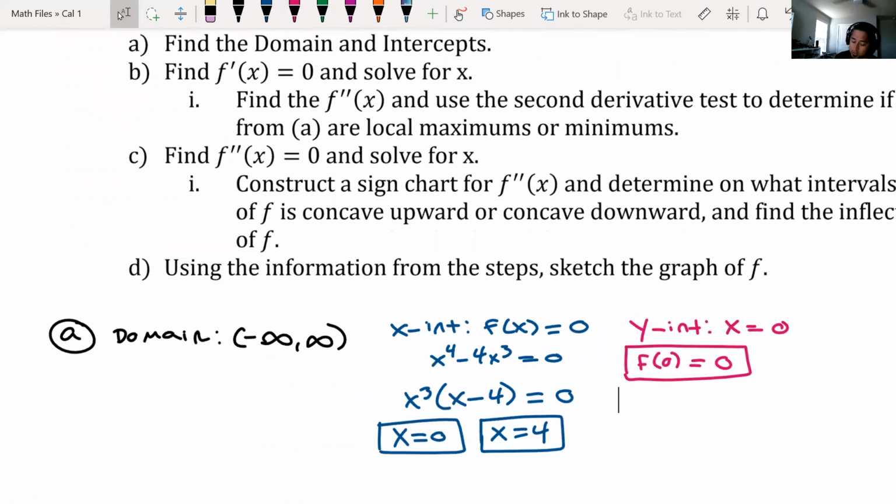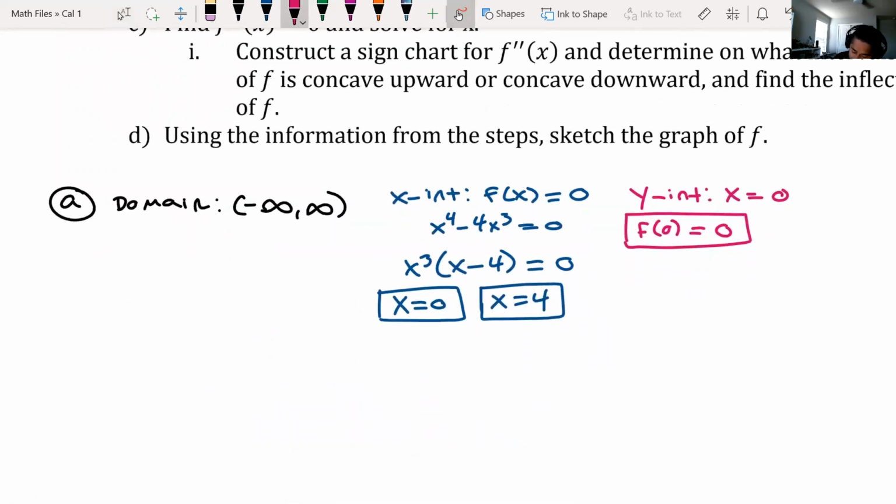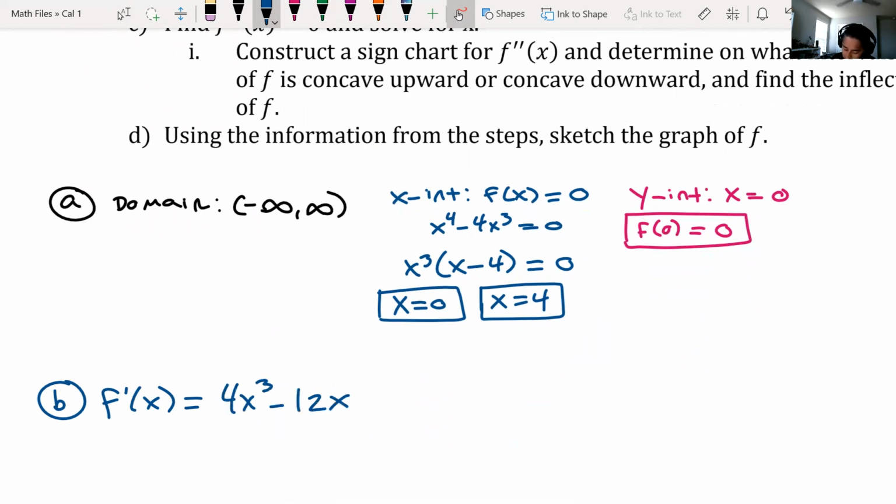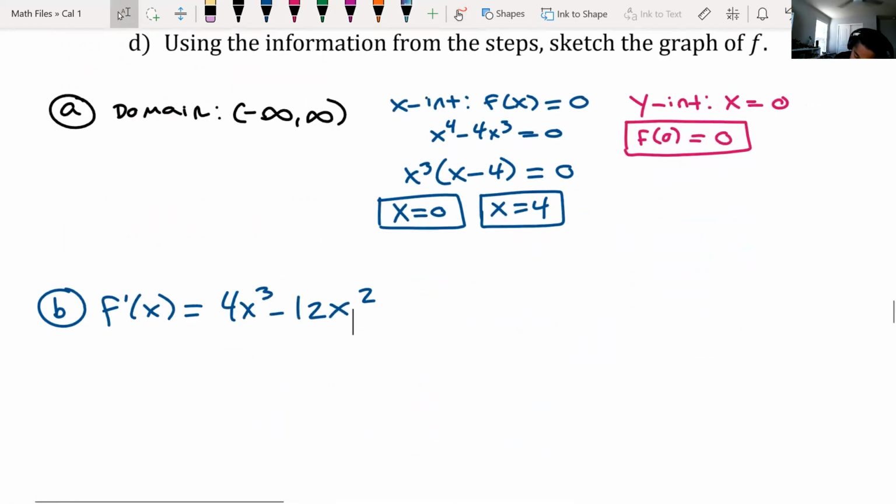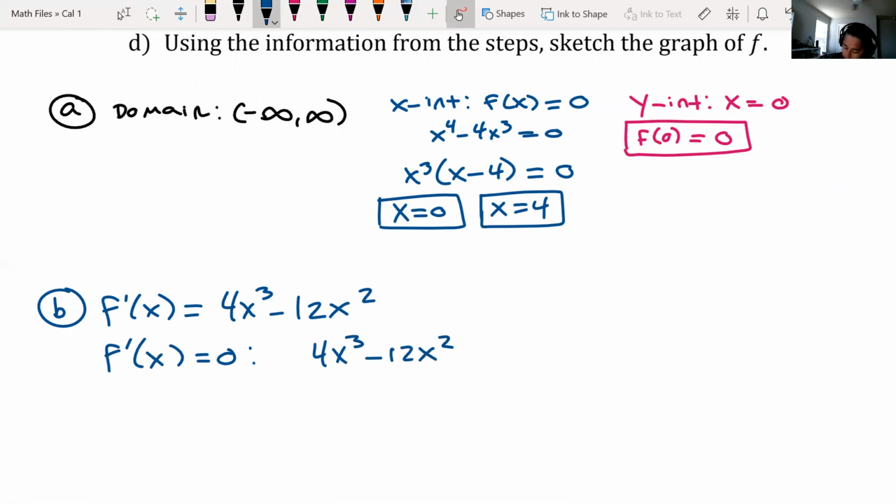Step B, move on to the first derivative. We're going to have f prime of x, and the function is x to the fourth minus 4x cubed. So our first derivative is 4x cubed minus 12x squared. Set the derivative equal to 0, and we'll have 4x cubed minus 12x squared equal to 0.